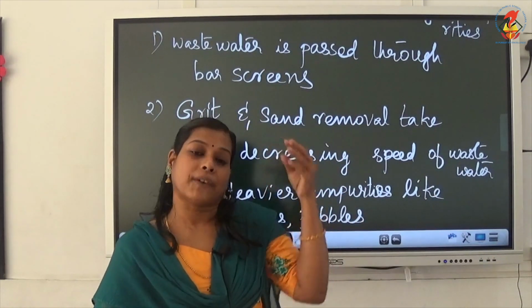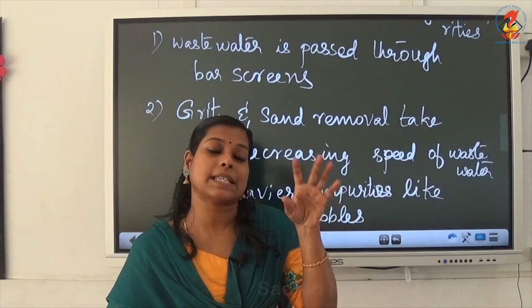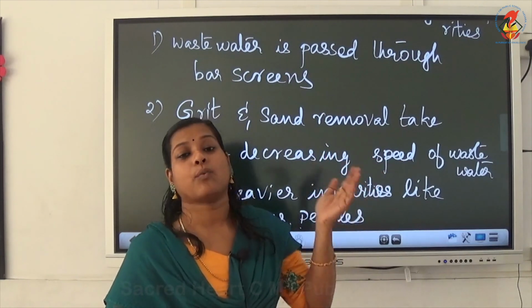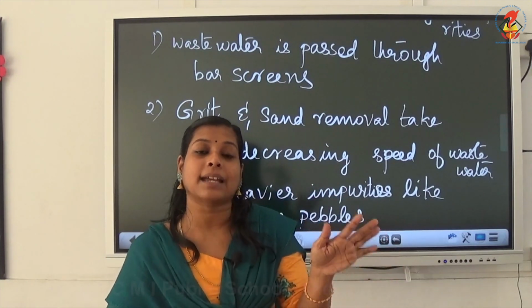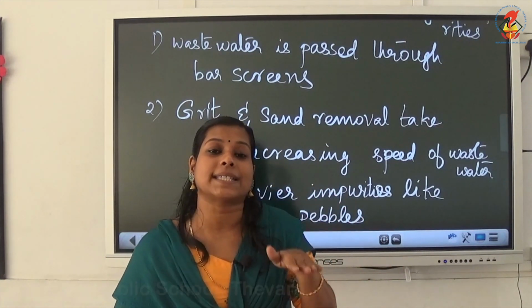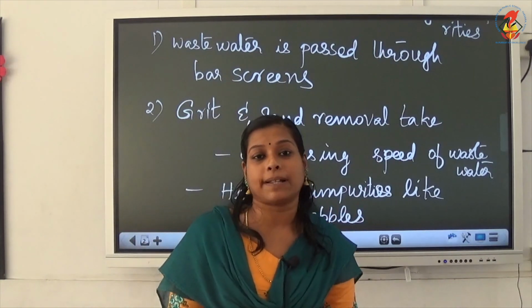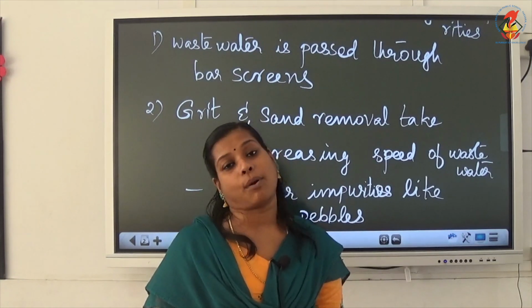So in the first stage we pass the wastewater through a bar screen, so all the floatable materials are trapped there, and the water is sent to a grit and sand removal tank. There the speed is decreased in such a way that all the heavier impurities like stones and pebbles settle down at the bottom.